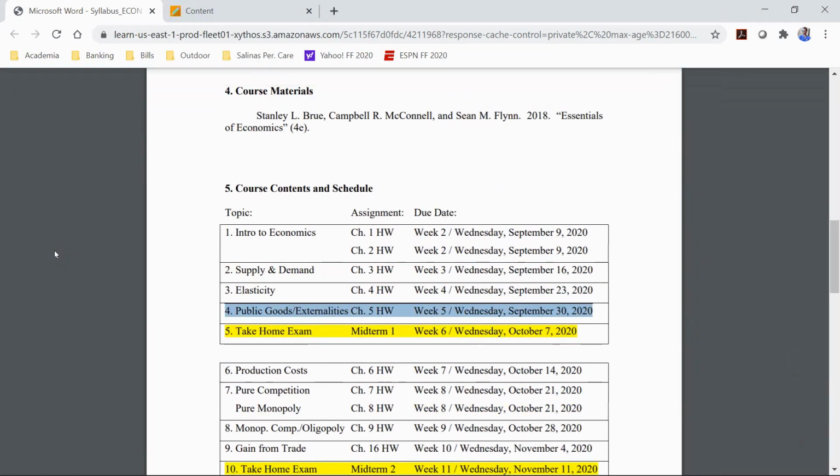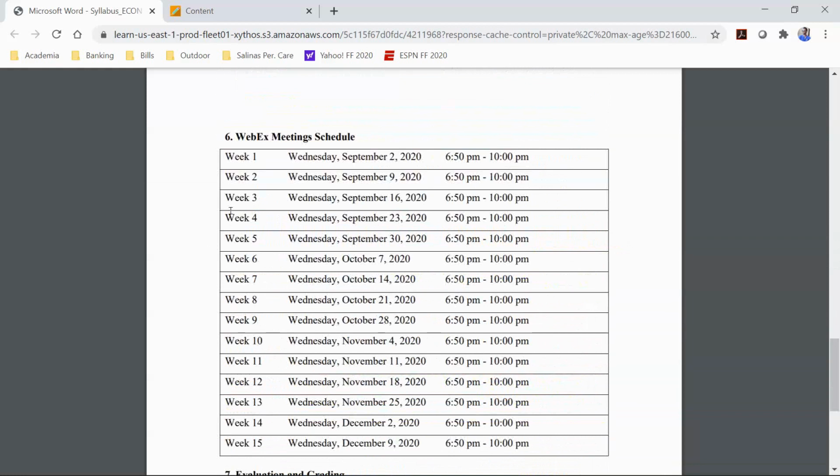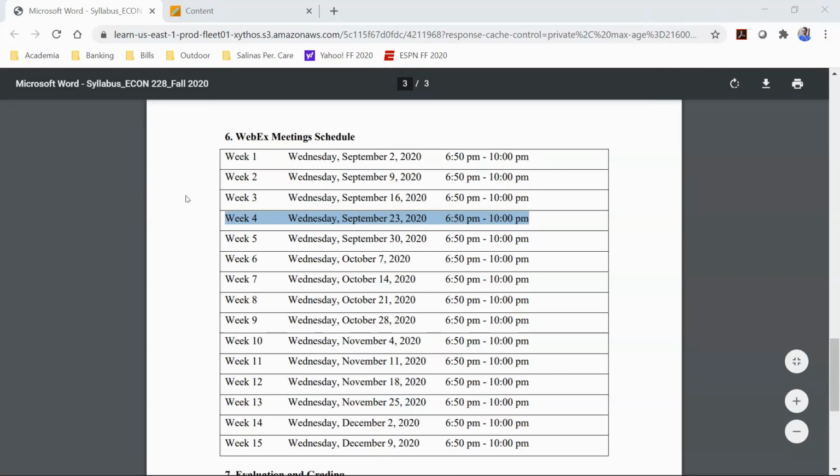Okay, the next time we're going to do chapter 5, which is on public goods and externalities. We have one more homework before the take-home midterm. So this is today.